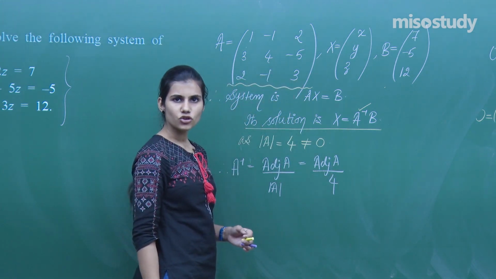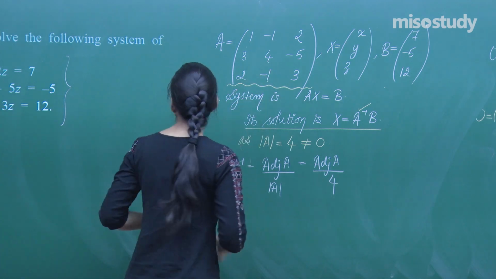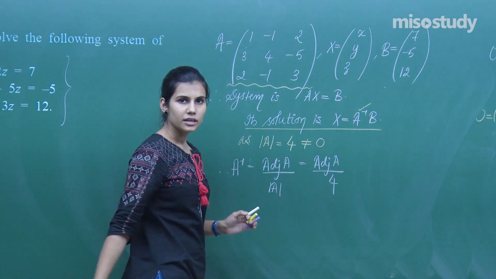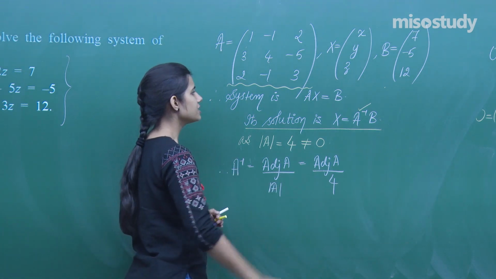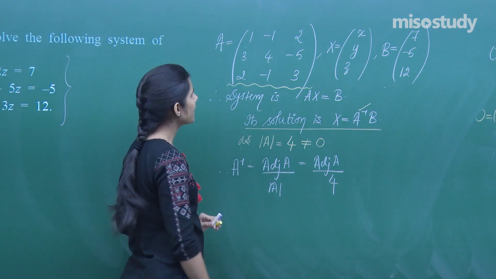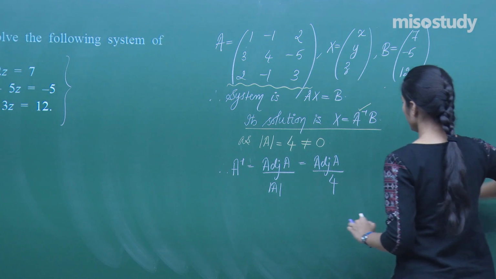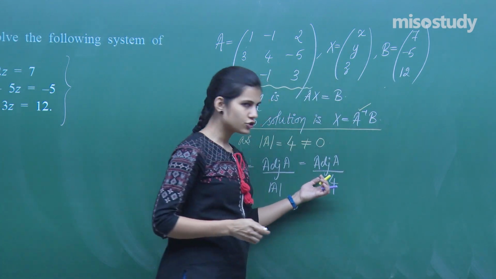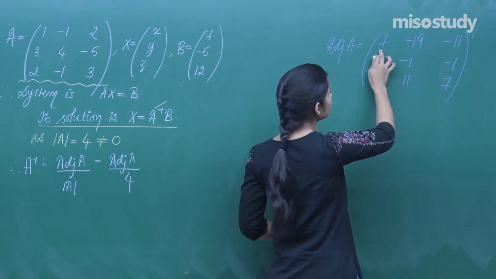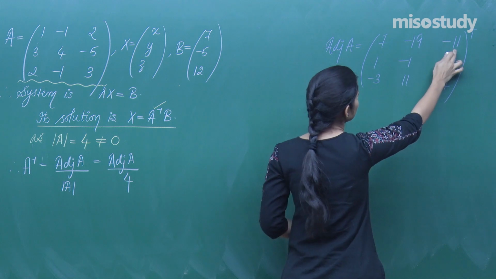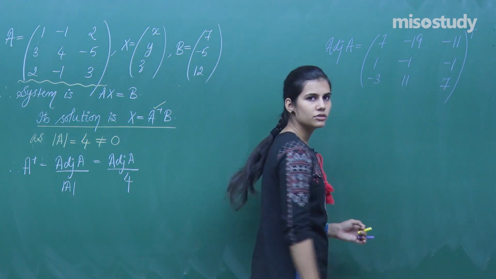We just now computed adjoint of A. What is it equal to? It was equal to the transpose of all the cofactors of A. Quickly, with the help of this A, try to compute the transpose of all the cofactors of A, and try to compute A inverse, and then try to compute X, and then you're going to get back and complete this particular question. Okay, so I hope you have computed this adjoint of A, which comes out to be equal to this matrix's transpose, because this is the cofactor of the 1 1th element, 1 2th, 1 3th, cofactor of the 2 1th, 2 2th, 2 3th, cofactor of 3 1th, 3 2th and 3 3th element.